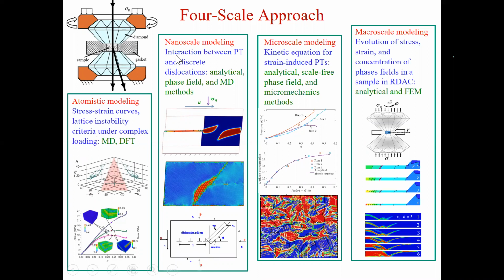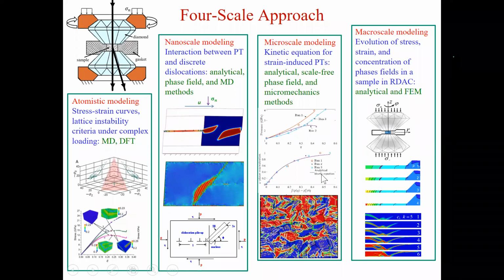At the nanoscale, we study interaction between phase transformation and discrete dislocations. We use analytical methods, molecular dynamics, but mostly we develop a new phase field approach, which is very powerful for these purposes. At the microscale, we develop a completely different phase field approach, a scale-free phase field approach, which allows us to treat much larger samples. And also we use micromechanics to derive a kinetic equation for plastic strain-induced phase transformation.